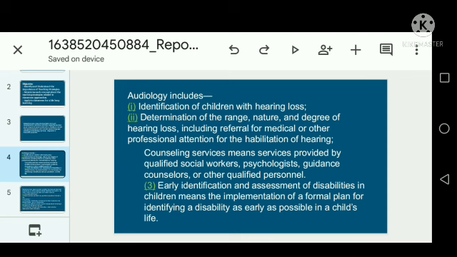Alright, so we have also the counseling aside from audiology. So counseling is provided by qualified social workers, psychologists, and guidance counselors, or other qualified personnel. So ang ilang pagkabuhaton is to implement the formal plan for identifying a disability as early as possible in a child's life.